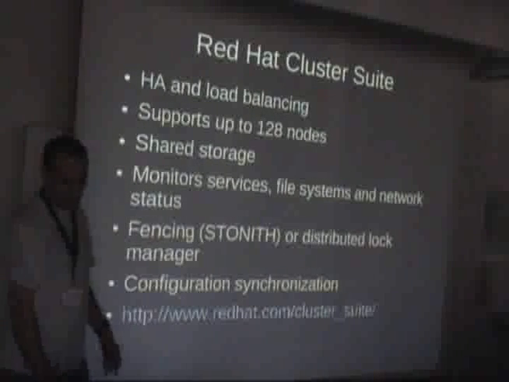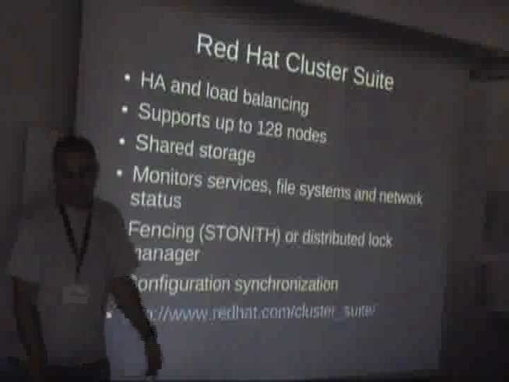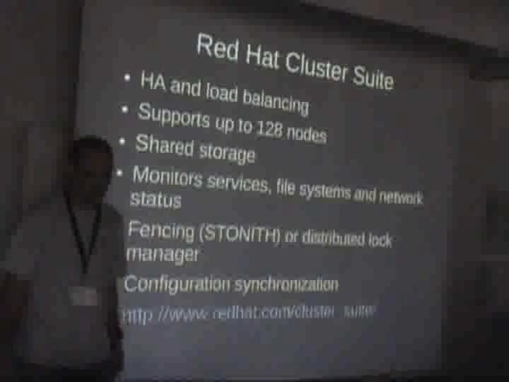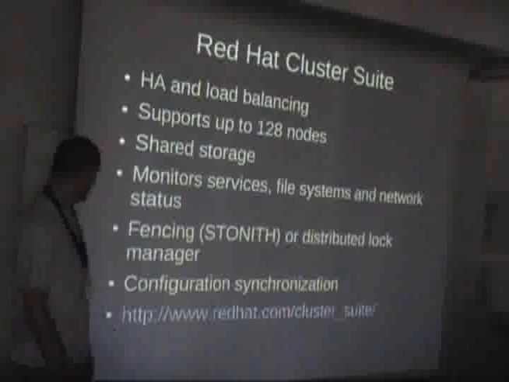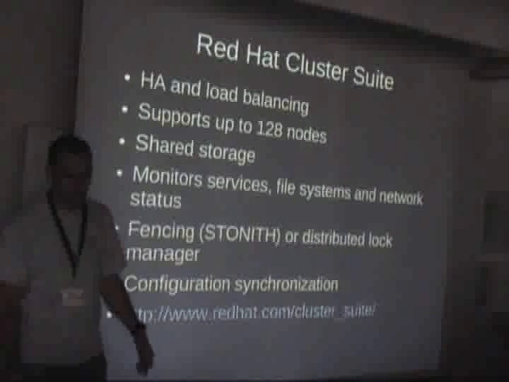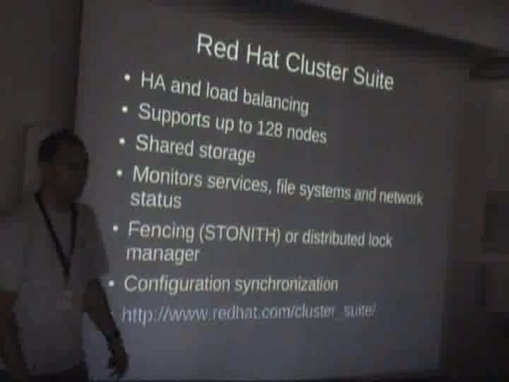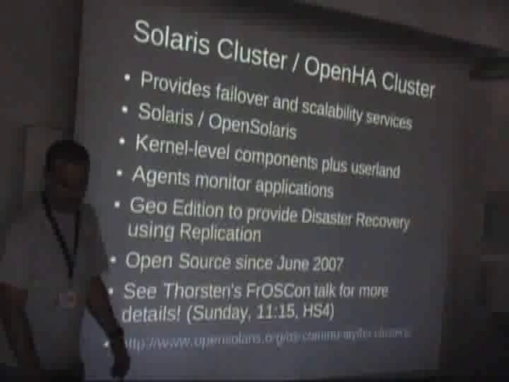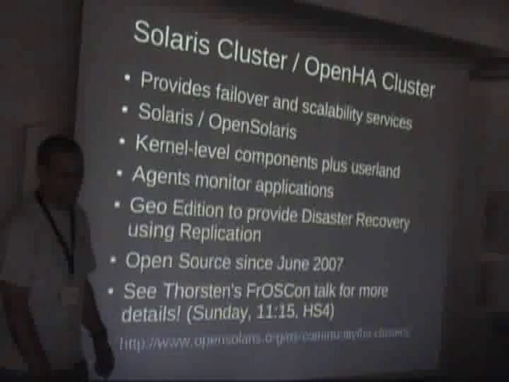Red Hat Cluster Suite works similarly to Linux Heartbeat. It is a commercial but also open source solution developed by Red Hat, part of Red Hat Enterprise, and uses similar technologies and also provides scripts to fail over MySQL. Solaris OpenHA Cluster is a very specialized solution for Solaris.